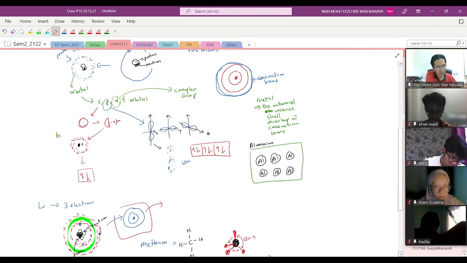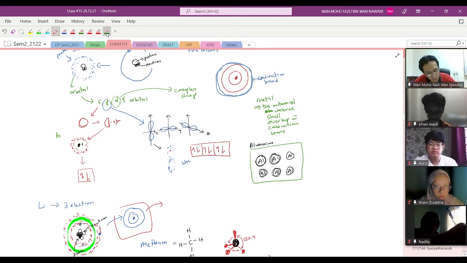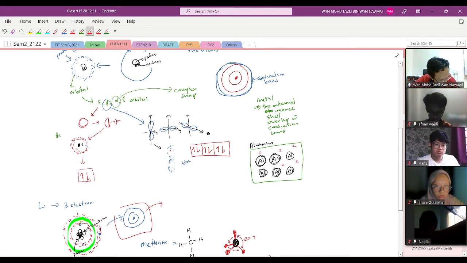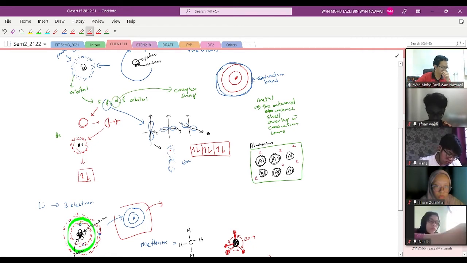The three electrons, or maybe some of them, the ones near the conduction band, are able to move out, like this electron. So you have these three electrons.